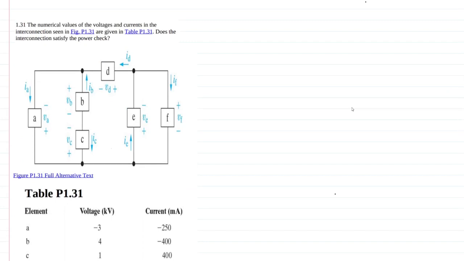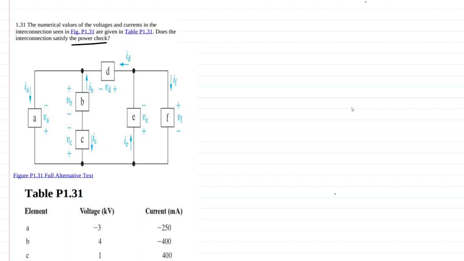For problem 1.31, our task is to check the power developed and dissipated in the circuit. We want to find out if it satisfies the power check.